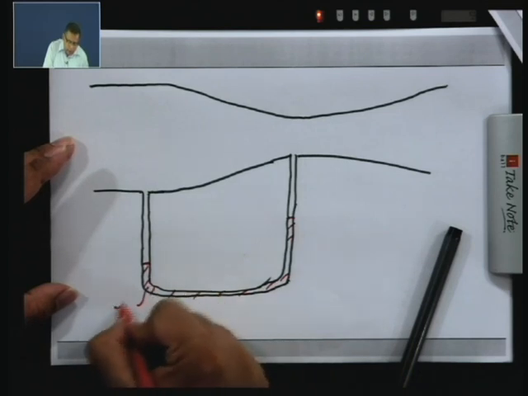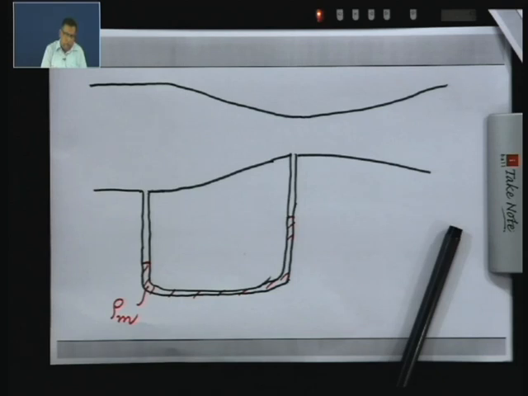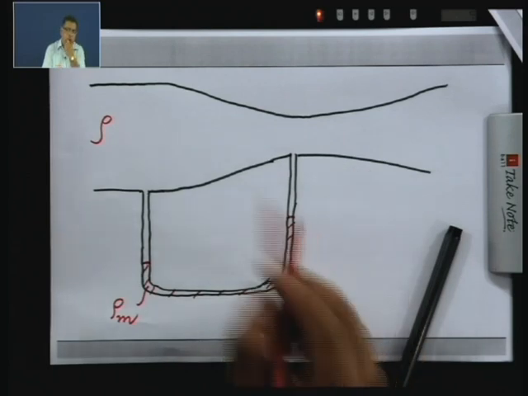The density of this liquid in the manometer, once again we are denoting by rho m, and the density of the fluid flowing through the pipe and the venturimeter is rho, both are constants.